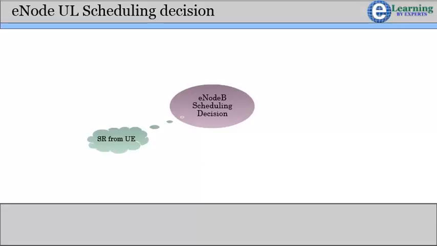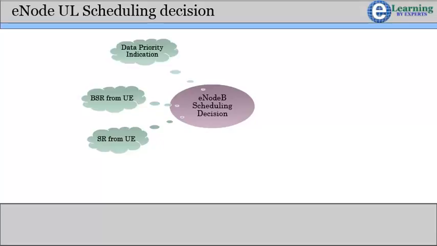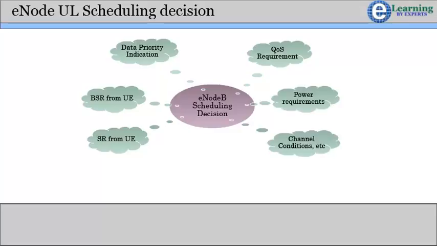The inputs include the scheduling request, buffer status report, data priority indication, QoS requirements, power requirements, channel conditions, etc. The Uplink scheduler manages priorities taking into account the priorities of other UEs in the cell, and the output of the scheduler is the UL scheduling grant, including resource assignment, modulation and coding scheme, and whether the scheduling is dynamic or semi-persistent.